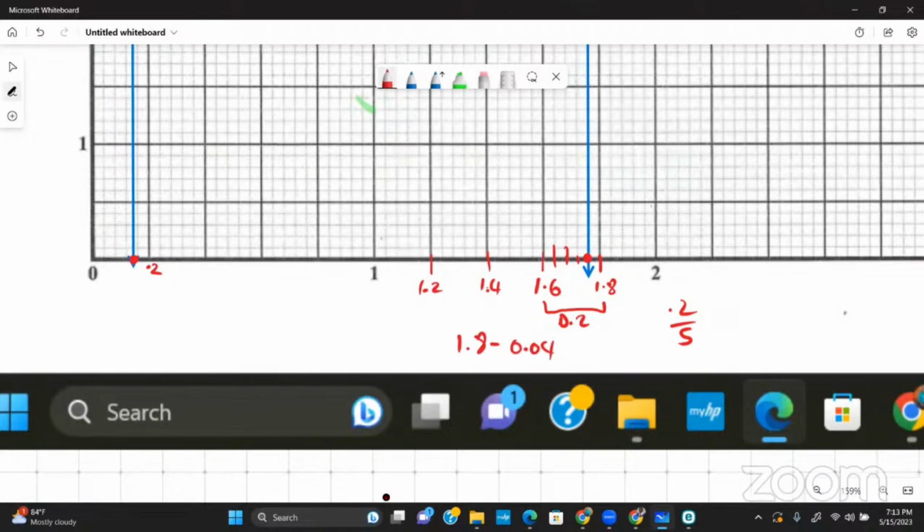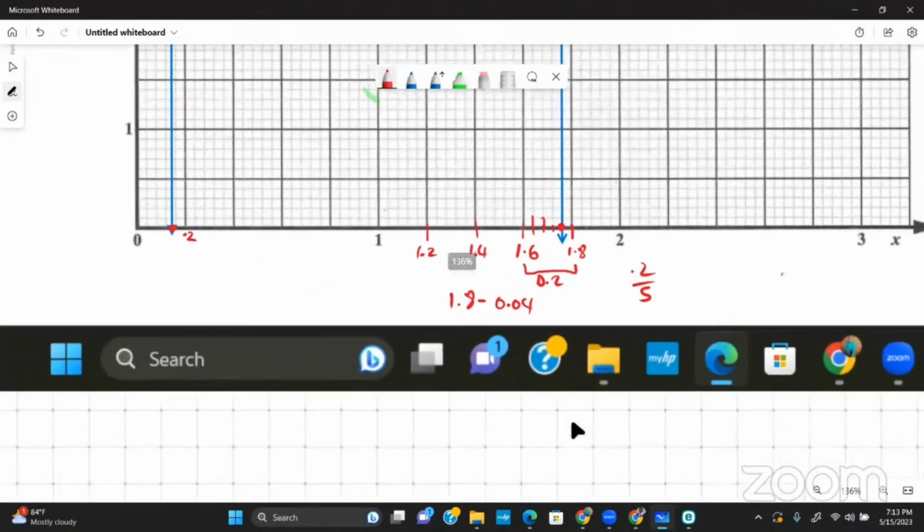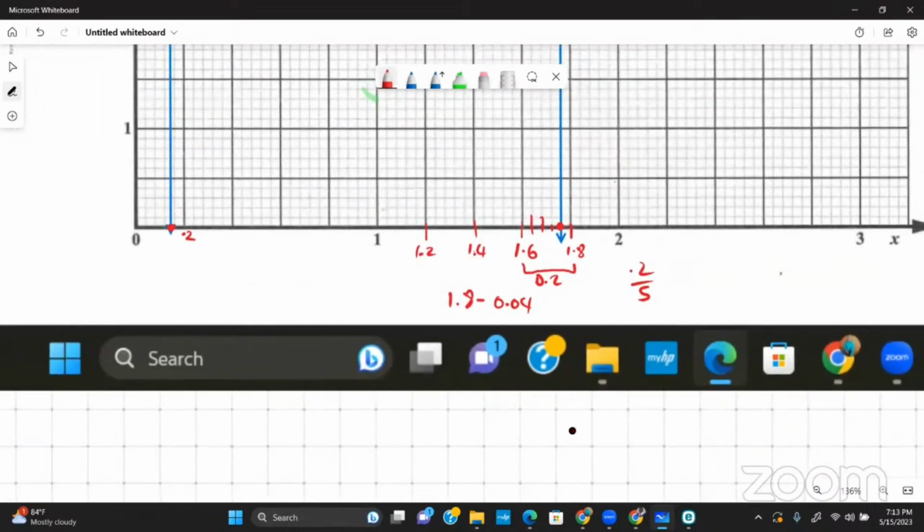So I take 1.8 minus 0.04 and I'm getting 1.76. Remember, this is conditional on my drawing. So yours might not come down at the same place, but you have to interpret your answer. So one of my answers is x equals 1.76. That's where my line came down. Yours may not come down there.